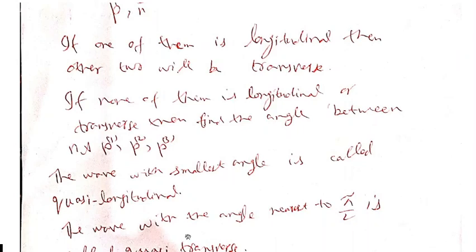Why would it be quasi-longitudinal? This is used to differentiate it from a longitudinal wave, because we know that if n is exactly parallel to P1, then it will be longitudinal. And when the angle between n and the polarization vector is very small, it means it will be close to longitudinal, and we say quasi-longitudinal.